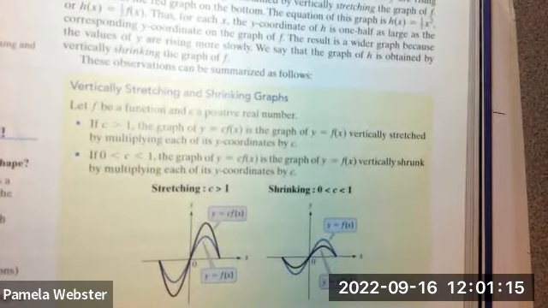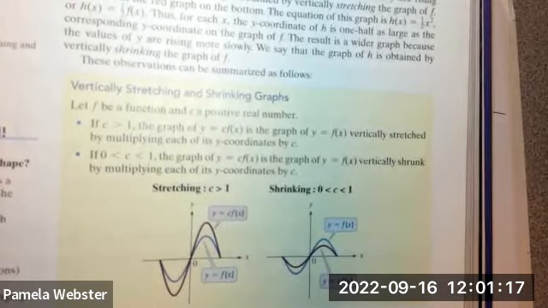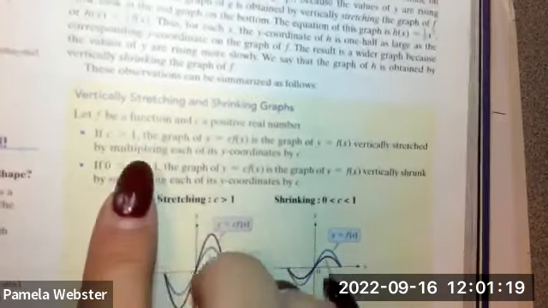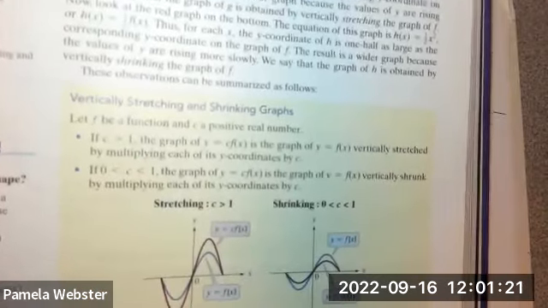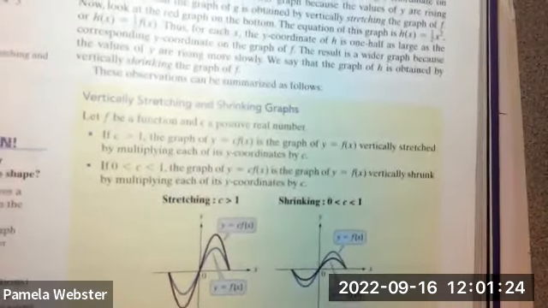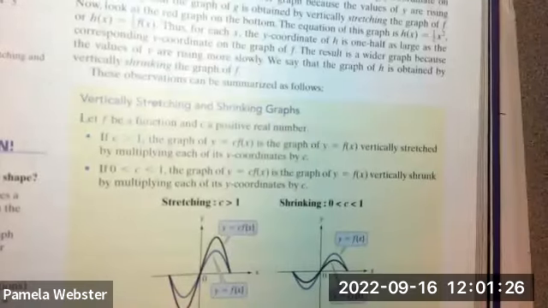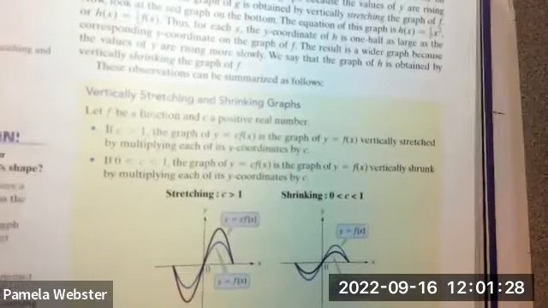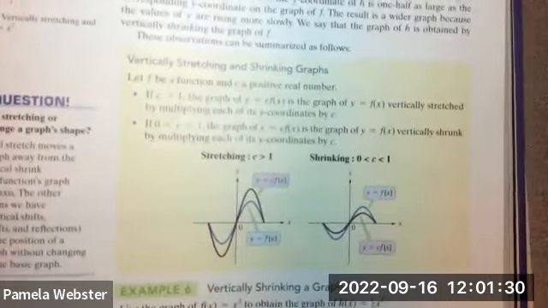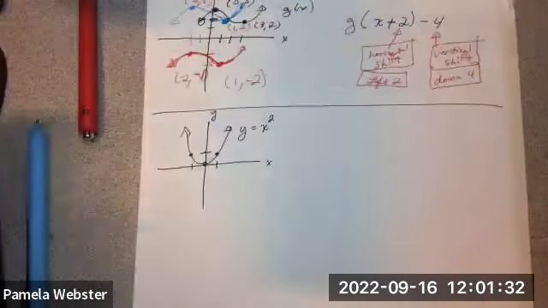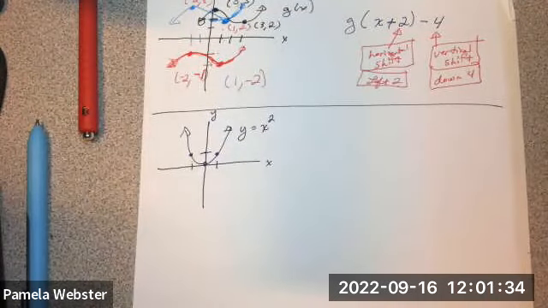So it makes it shorter, and that happens whenever 0 is less than c is less than 1. In other words, whenever I'm multiplying by a fraction between 0 and 1, those things between there are fractions, or decimals, however you think about it. So whenever I do that, it actually shrinks it.